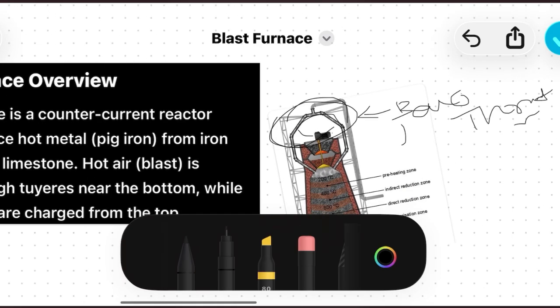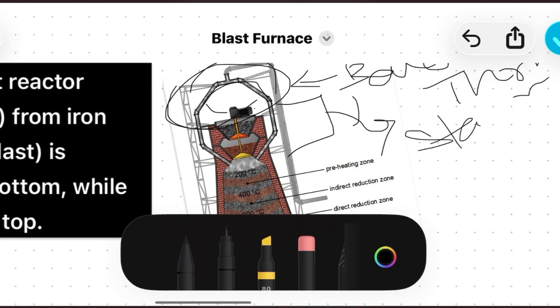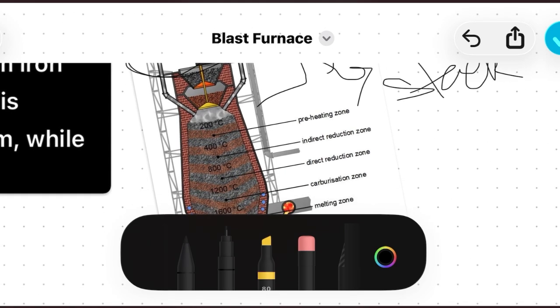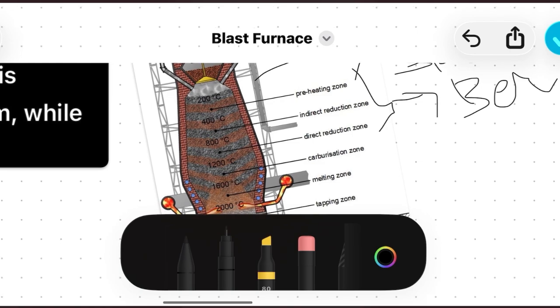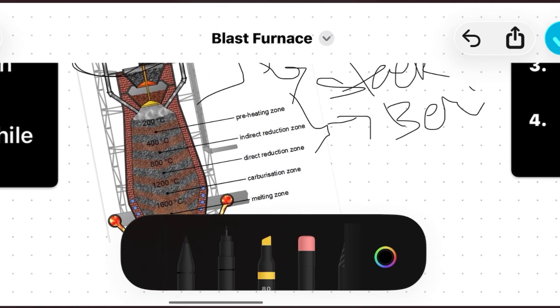Okay, the next region under the throat region is the stack region. And the next is the belly region, because it is the belly of the blast furnace, which belongs to 400 to 1200 degrees centigrade. Okay, belly region.